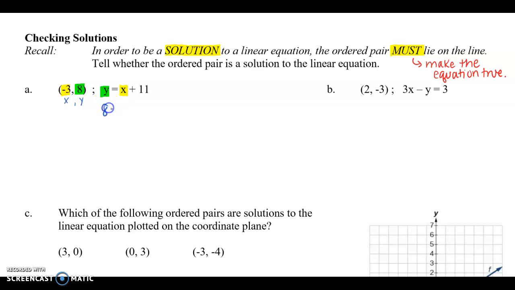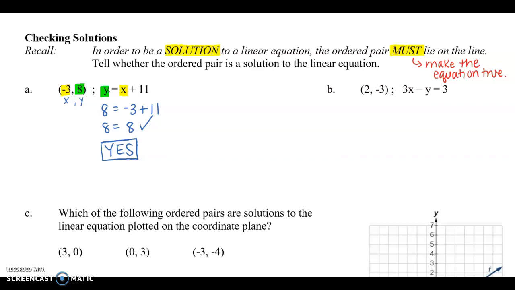So 8 equals -3 plus 11. 8 equals 8. So this would be yes. What that means is that the point -3, 8 lies on the line y equals x plus 11.